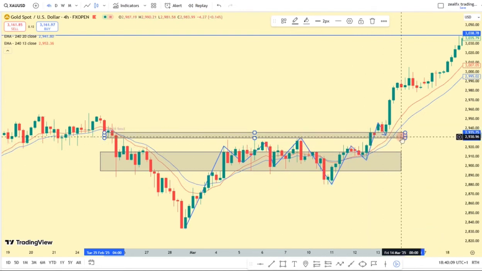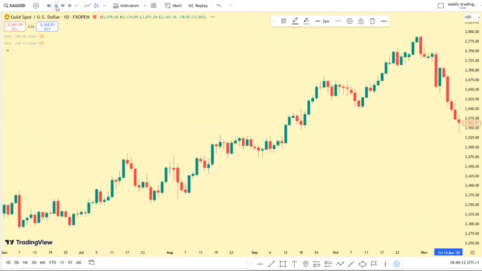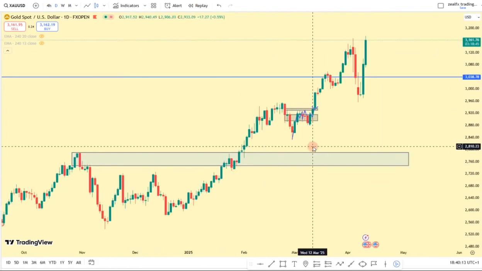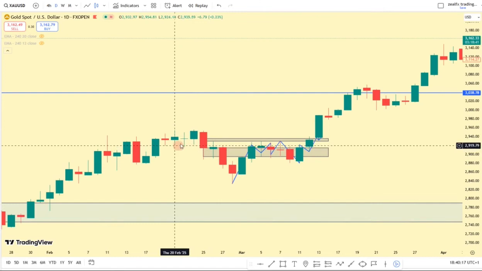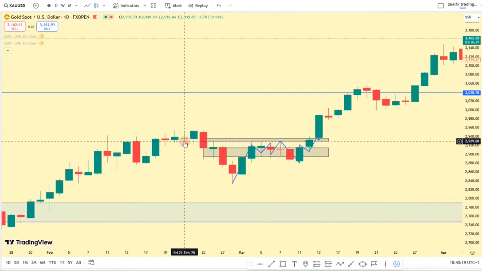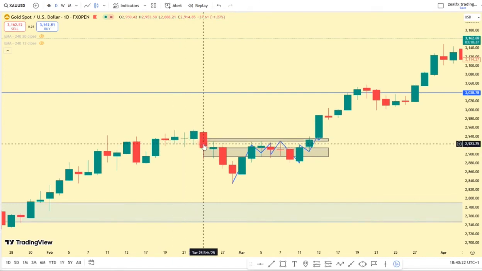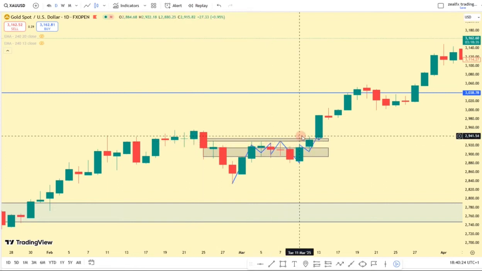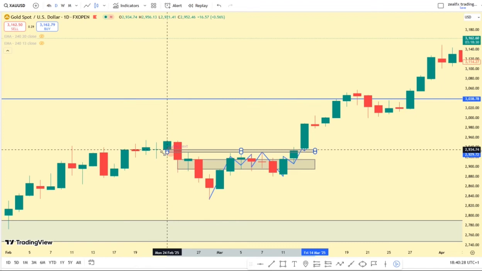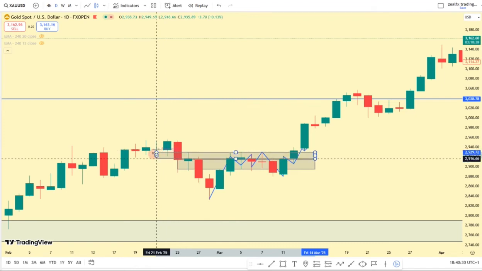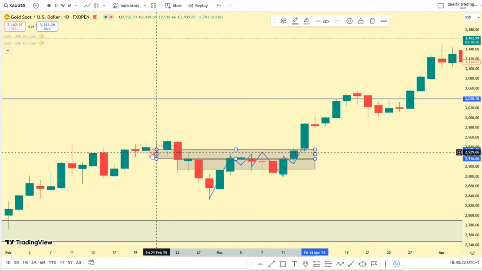Then we went back again to our daily chart. We noticed that this was resistance before, and it was converted to support. Price closed above that resistance, which turned it back into support.